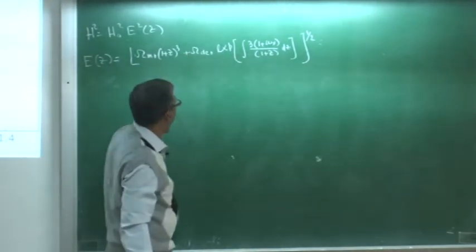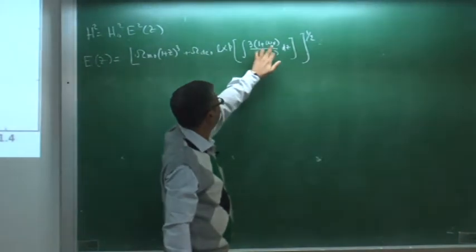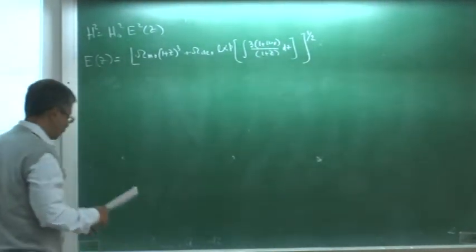The summation of these two things is 1, and whatever is the functional form of w_X, I have to put over here and get this E of Z.